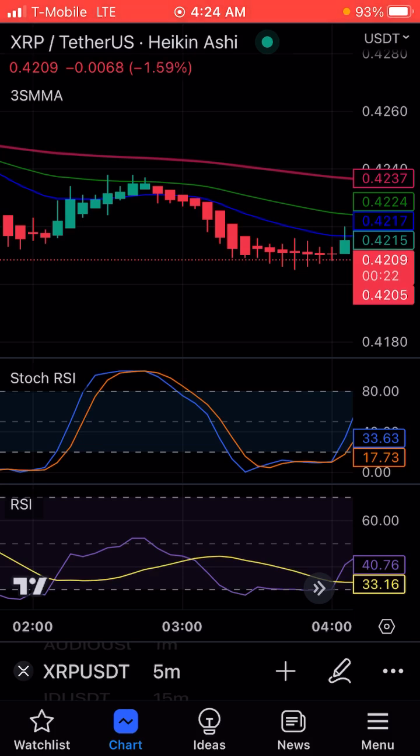When it's above the 9 and the 20, it is a downtrend. When it is below them and the other 2 lines are above the 55, it is an uptrend.